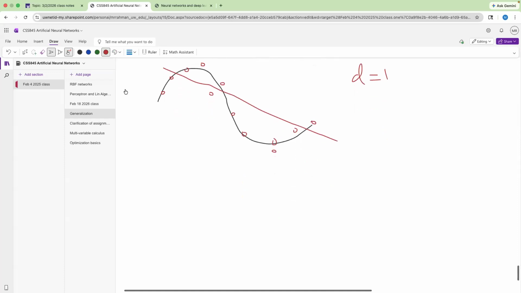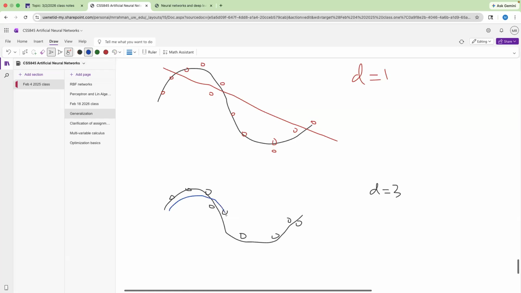Now let's say I'm going to use d equal to 3. d equal to 3 is the same dimension as the data generating process, so I might expect this to be a good fit.